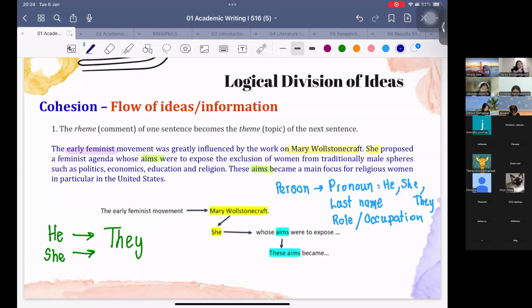And yes, you can refer to persons based on pronouns, like he, she, they. Yes, some people actually refer to themselves as they.